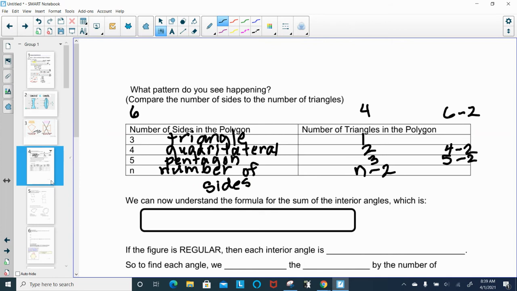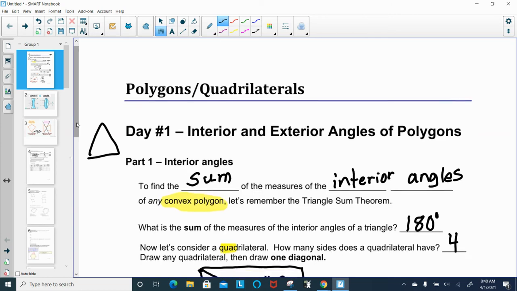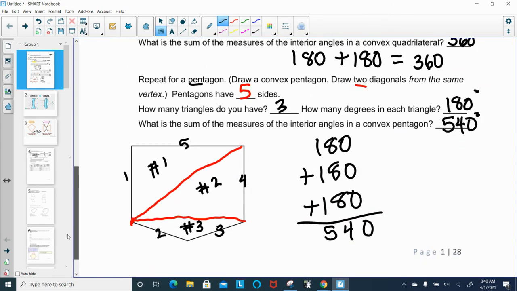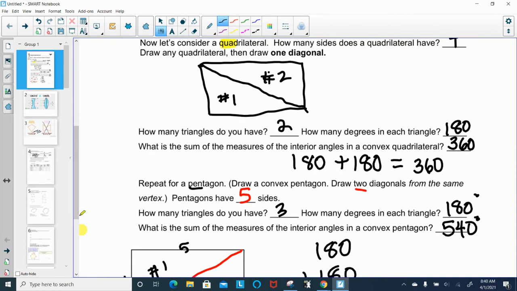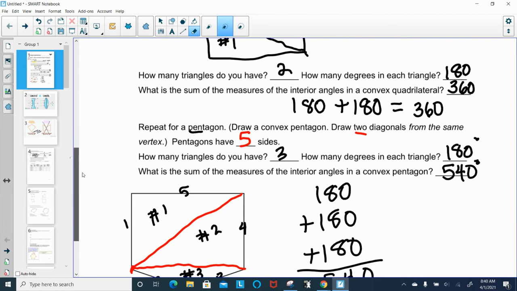And then what did we do? We took the triangle, or the number of triangles, and we added them up. We said 180 times 1 plus 180 plus 180. Sorry, I got the highlighter moving here. So here we added 180 and 180. We could also say that that's 180 times 2.